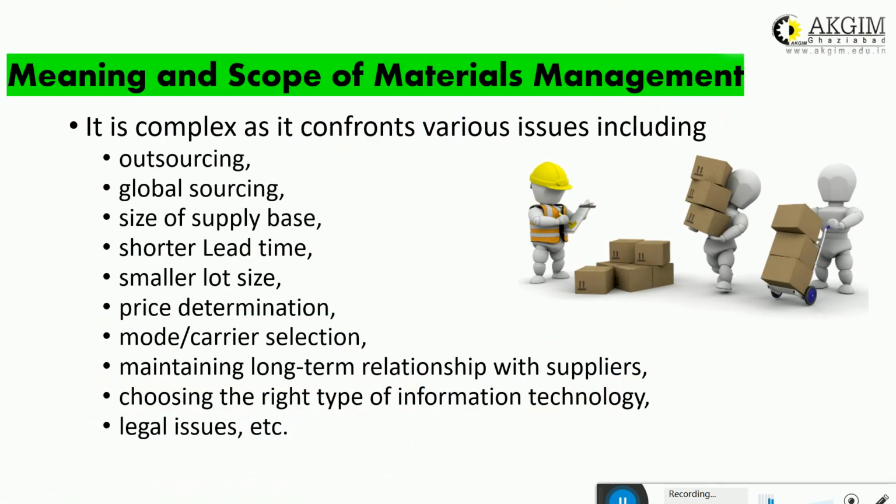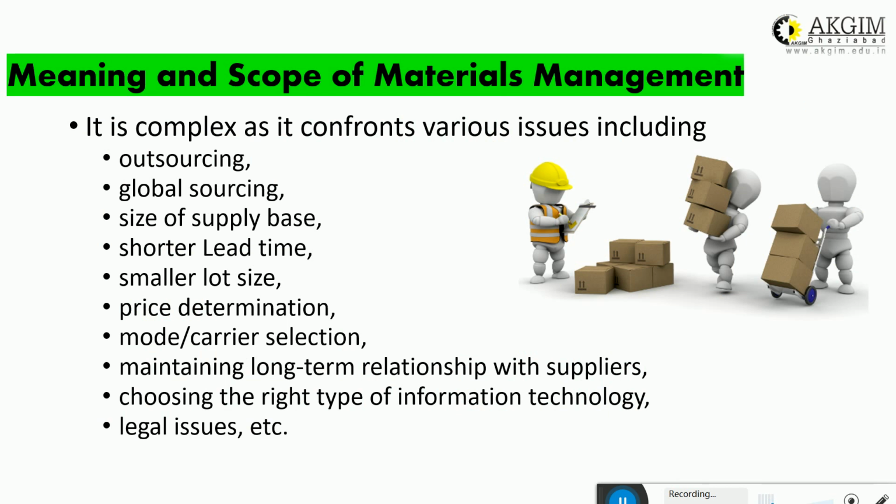Right. So let's talk a little more about the meaning and scope of material management. It is complex and confronts various issues like sourcing the materials, sometimes global sourcing that the organization needs to do, then deciding on the size of the supply base.